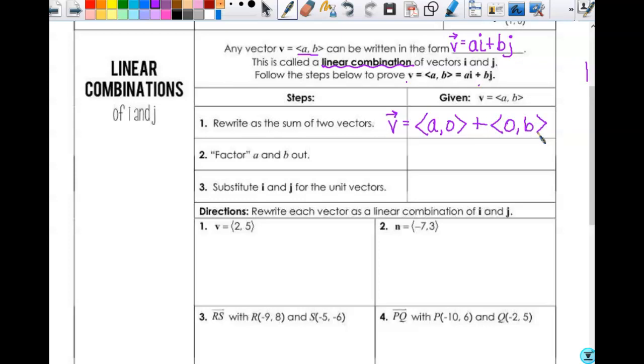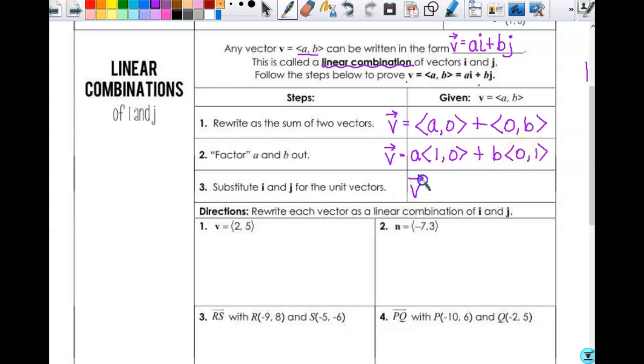So now I'm going to factor out a and b. If I factor a out of this, this is going to give me a times 1, 0 plus b times 0, 1. And then I substitute i and j. So instead of 1, 0, that's going to be i. Instead of 0, 1, that's going to be j.